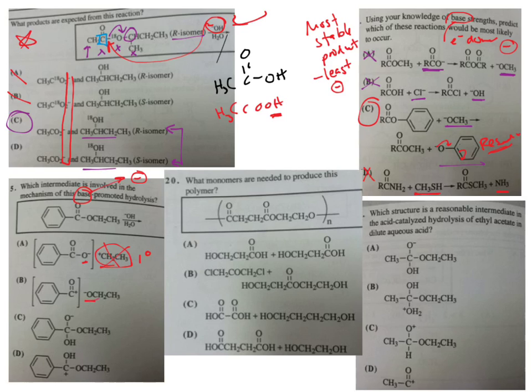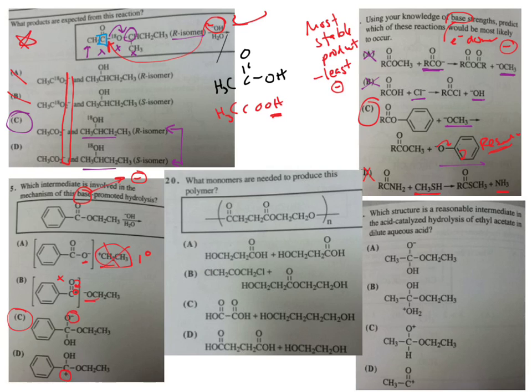Okay. I have a negative that's good. I have another positive popping up. That one's at least resonance stabilized. I still don't like it because of the positive. Next one, I have a negative and no positives. That looks reasonable. Last one, I have a positive again. Don't like that. Answer C.